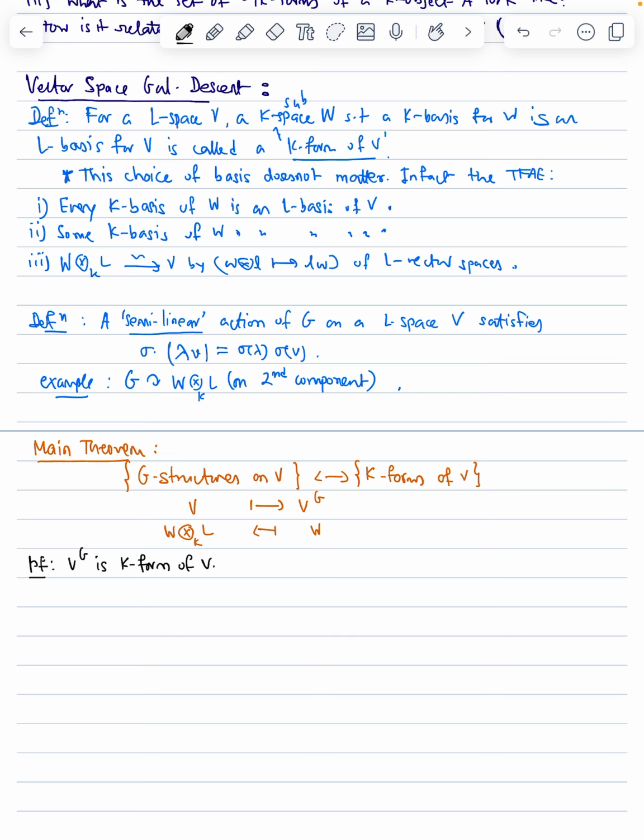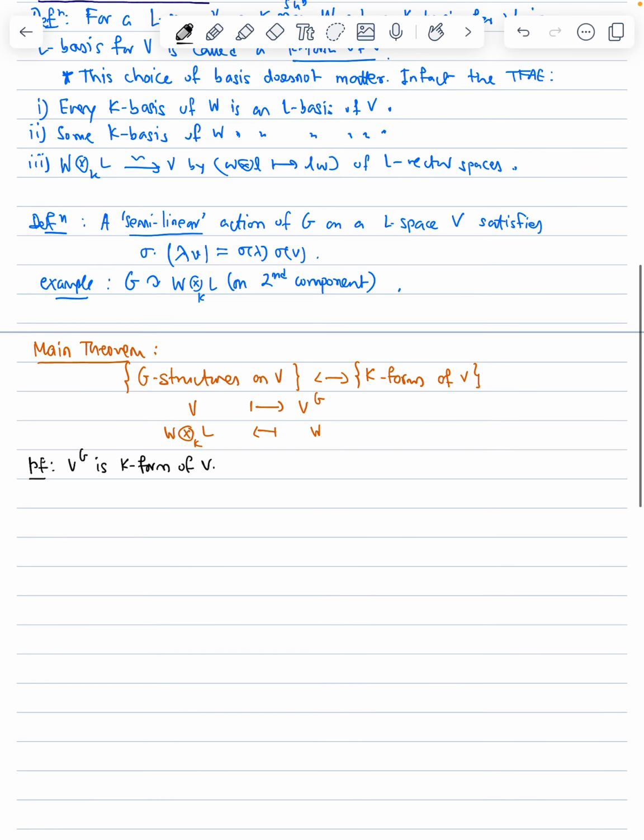It's actually easy to use the third one. So you have to show that this map from V^G tensor L to V, by just taking any v tensor l to l·v, is actually an isomorphism. This is what you have to show.